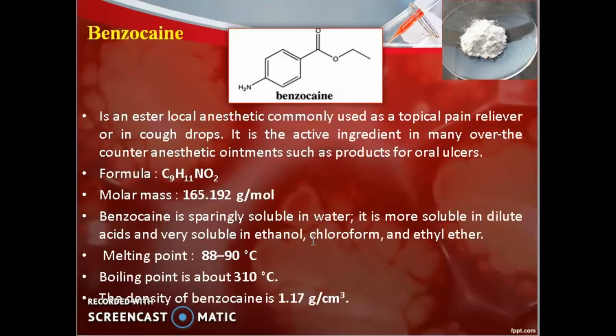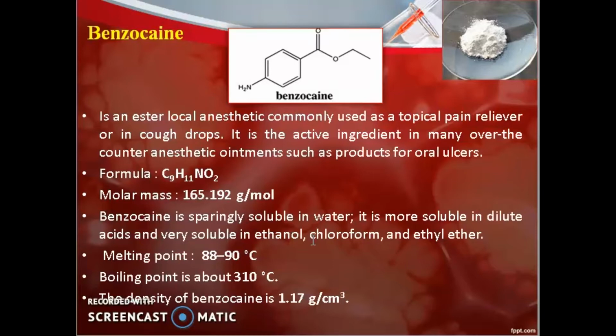Now benzocaine. Benzocaine is an ester local anesthetic, commonly used as a topical pain reliever or in cough drops. It is the active ingredient in many over-the-counter anesthetic ointments, such as products for oral ulcers. The molecular formula of benzocaine is C9H11NO2. Molecular mass 165.192 gram per mole.